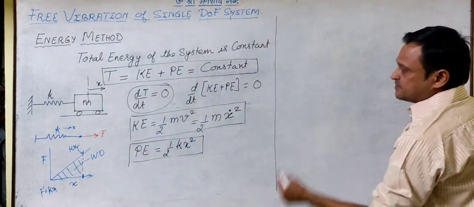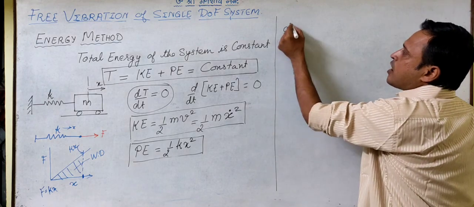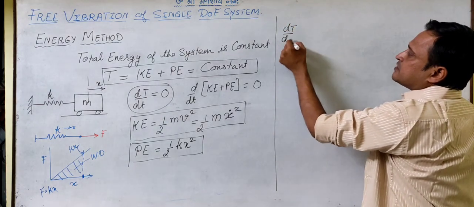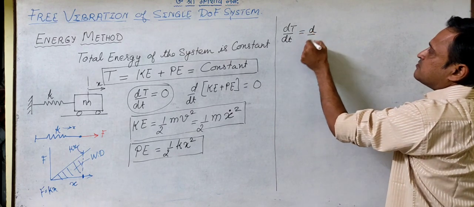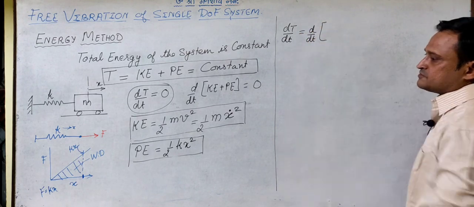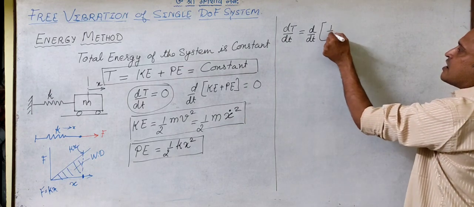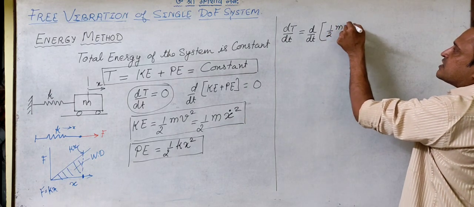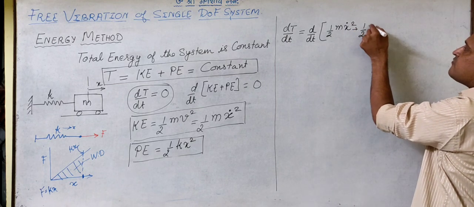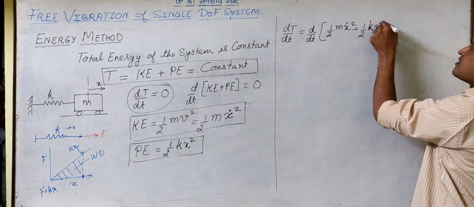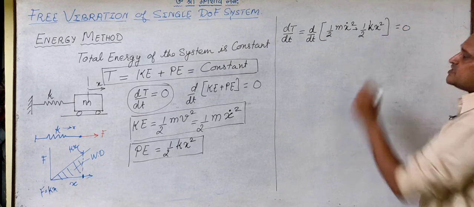So now we can say d by dt of half m x dot square plus half k x square is equal to 0.